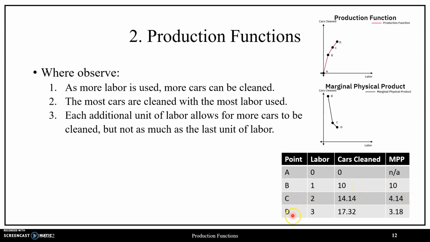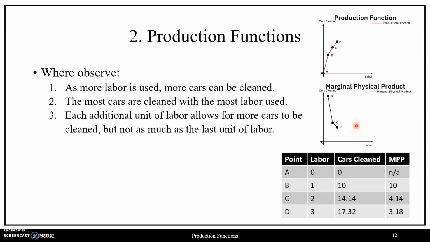Then going from C to D, bringing that third person on board, allowed us to clean 17.32 cars. And in terms of the difference of going from the second to the third person, this is going to be 3.18 cars, where once again this is a positive quantity, where then overall what we see then is that the marginal physical product is positive but declining, just as we see in our graphical representation.